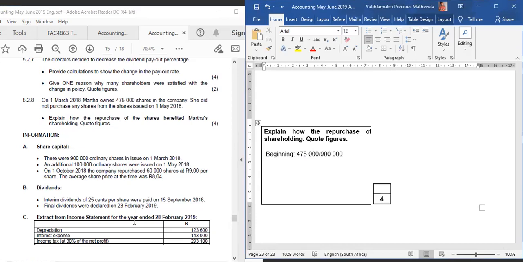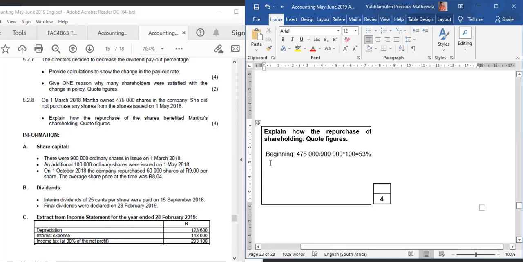Times 100. So now we want to find out the percentage that she was owning the company. So 475,000 divided by 900,000 times 100. And then Martha was owning 53%, right, of the company at the beginning.